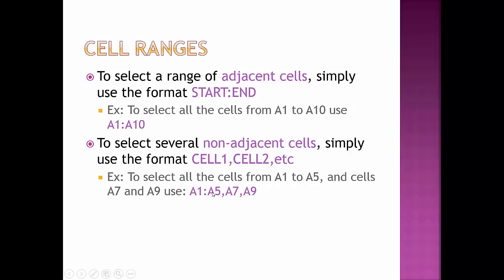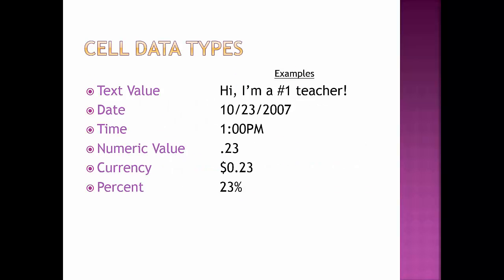You have the freedom to construct ranges as you need, and if you see commas in here, it's basically breaking up the different components within that range, and they don't have to be adjacent to one another, but they can be. If you see that colon in between a start and end point, that means those are adjacent cells, and these guys right here are not adjacent.